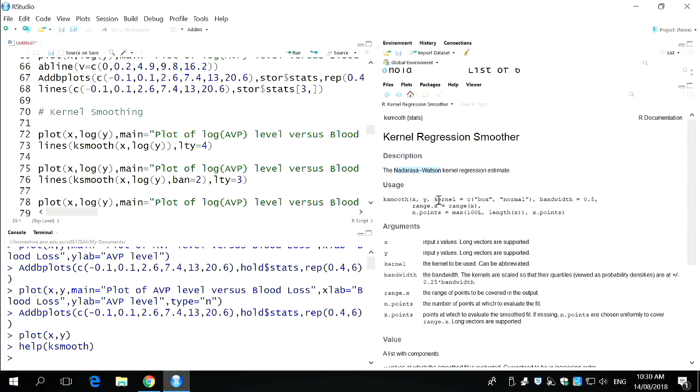Ksmooth XY, then you've got kernel equals, you've got two choices of kernel, box or normal. Then bandwidth equals, and that's the width of the kernel. Now, this is where, for a moment, we sit and we grumble because there's no consistency between the options names in R, right? Because in density, you had density of X and then you had window equals or kernel equals, right? That's cool.